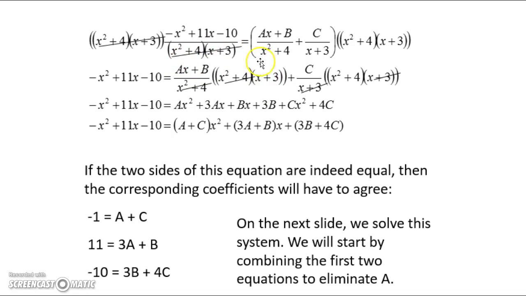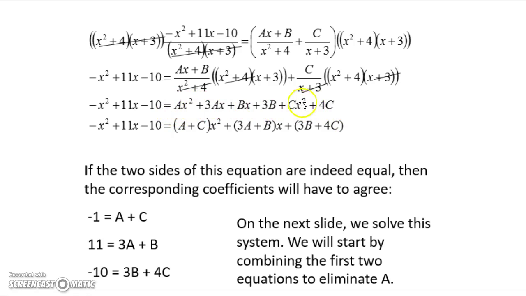So we're going to have to use that rainbow method or that FOIL method, first times first, outside, inside, and then last, and we come out with this result. And then we'll take this term, multiply it by the common denominator, and we're going to get c times the quantity x squared plus 4. So we'll get this term.